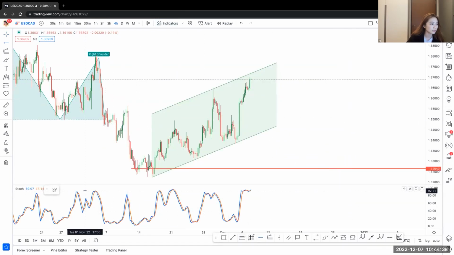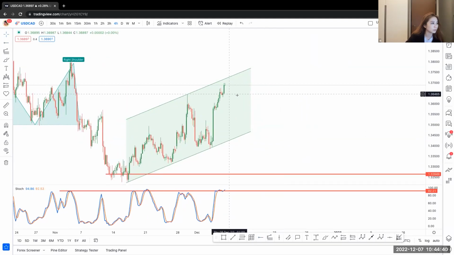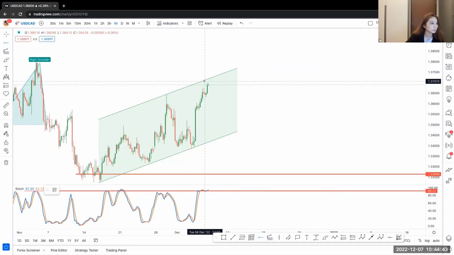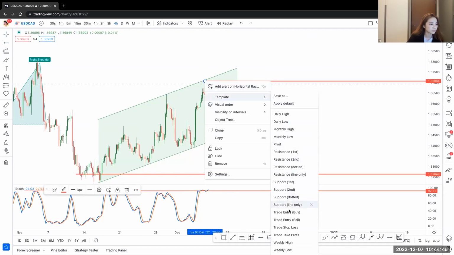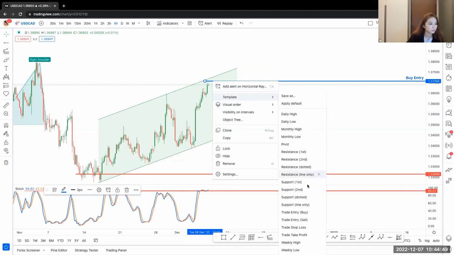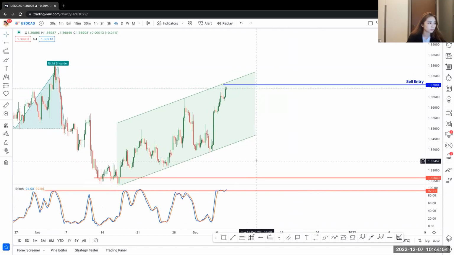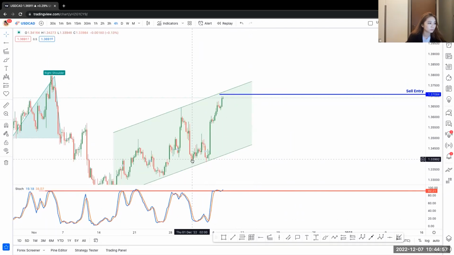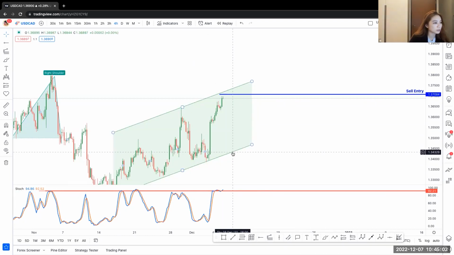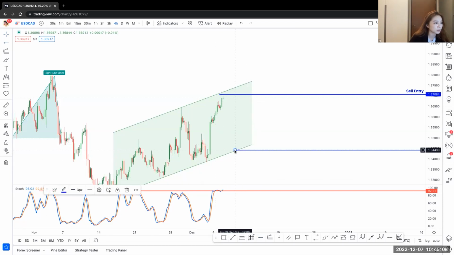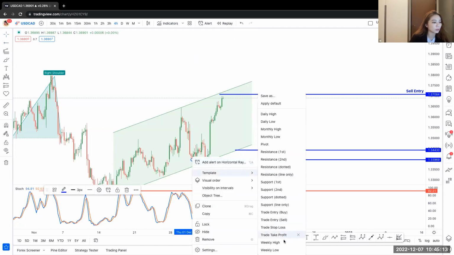Yep, very high in resistance level already. I'm looking at a potential downward movement. I would still want to keep my take profit within the channel, so I would put it slightly above and on the dot of the support, the resistance of the channel, and my stop loss just right below the support as well.